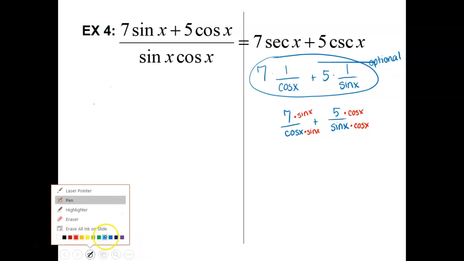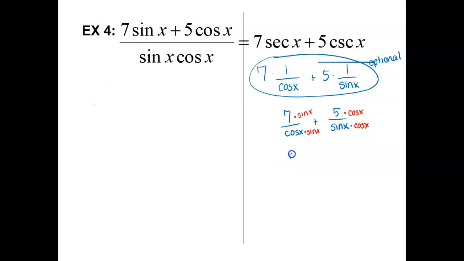And look what happens whenever I do that. I get 7 sine x plus 5 cosine x all over sine x times cosine x. And that is the other side.